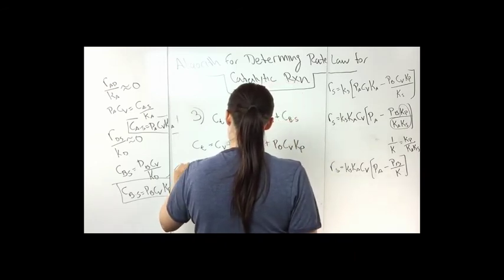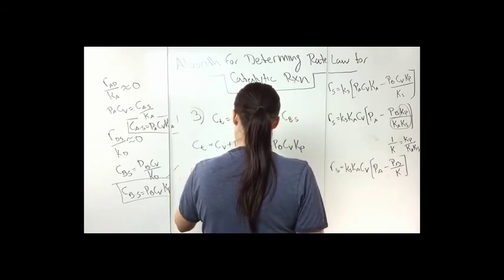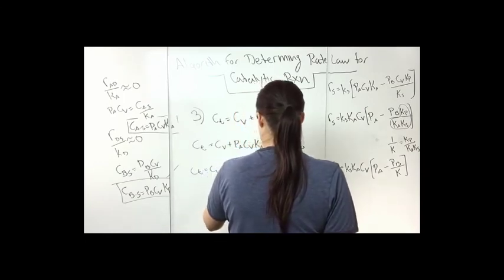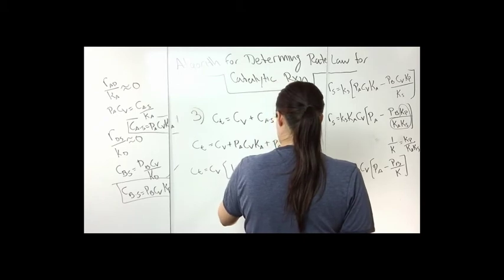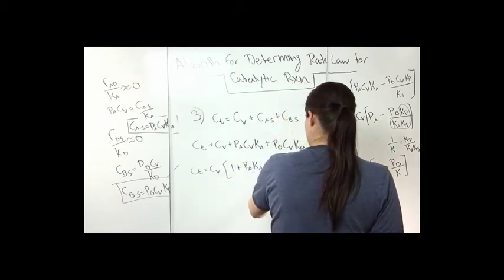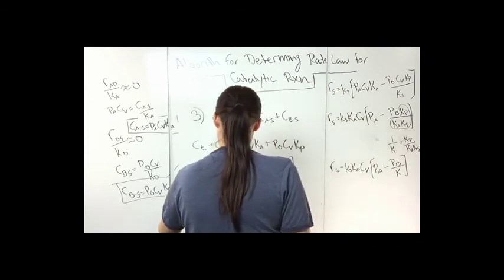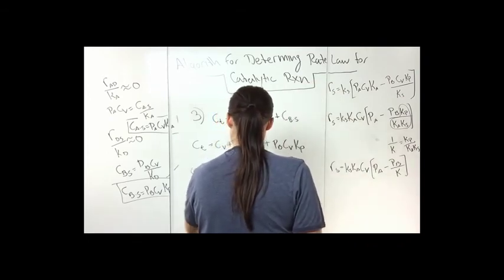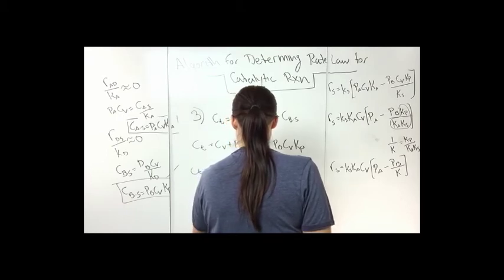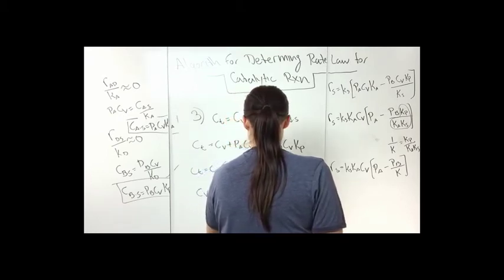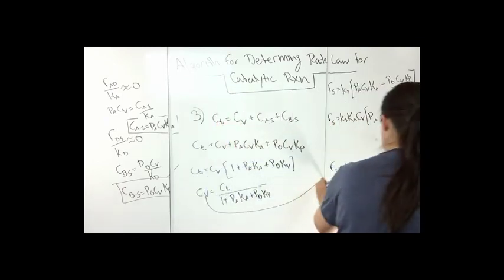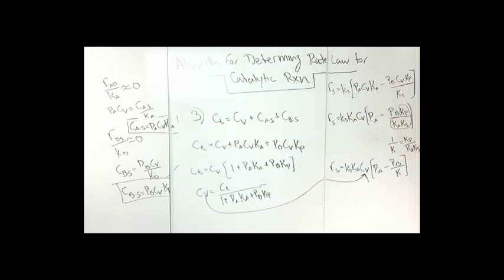CT is equal to CV multiplied by 1 plus PA KA plus PB KP. So CV is equal to CT over 1 plus PA KA plus PB KP. Then we can plug this in for that.